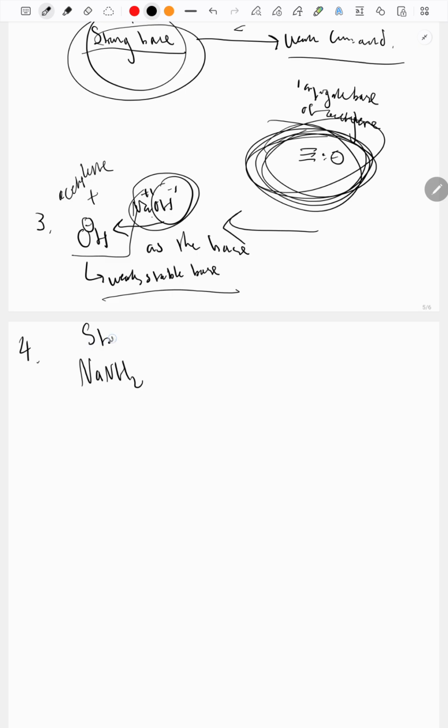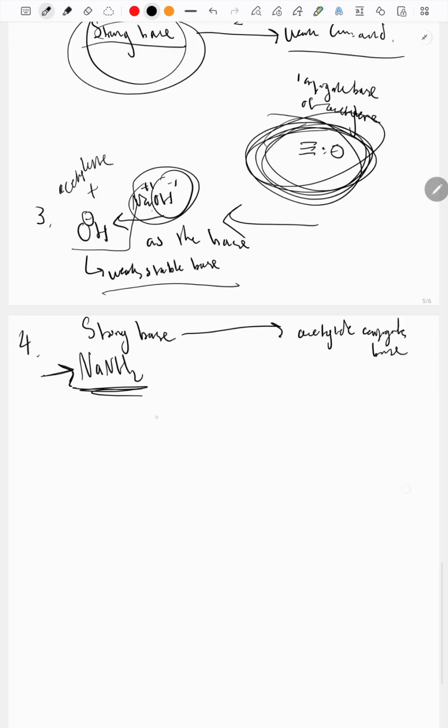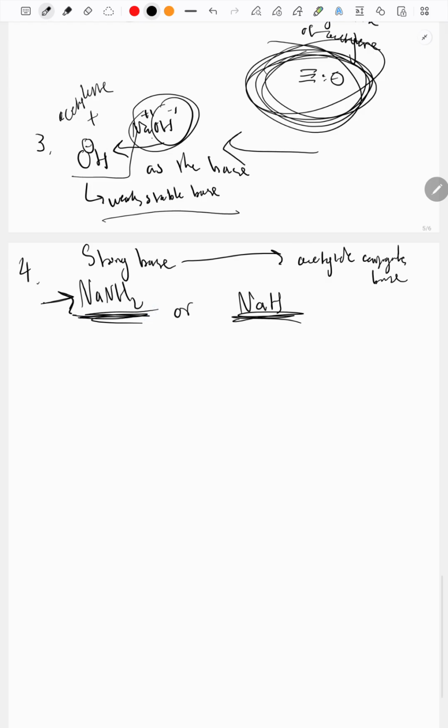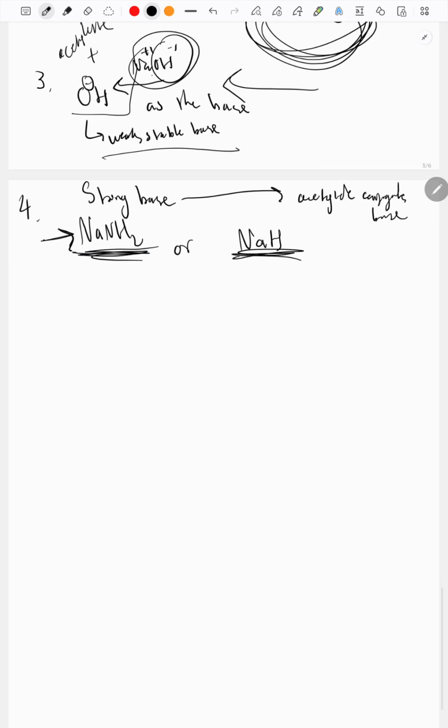So we need strong bases to make the acetylide conjugate base. Good options include NaNH2, which is considered a strong base, or we could use things like NaH. These are a couple of the many options we can use, but keep in mind that NaNH2 is very commonly used.